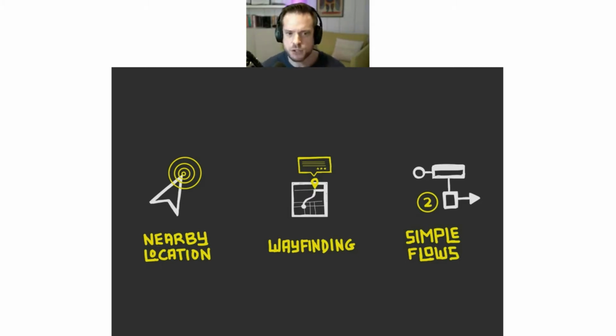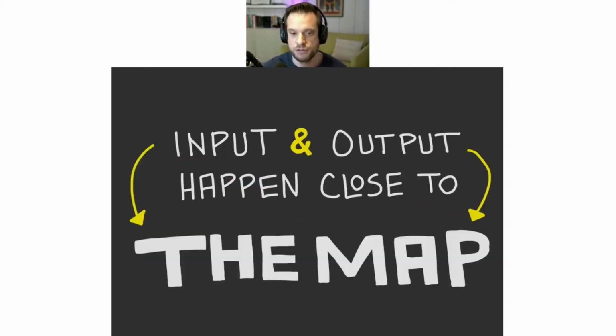If your app needs to do wayfinding, so if you need to get from point A to point B, or find things along that path, then the Google Maps pattern is also another great option. And finally, if your application has really simple user flows, and what I mean by this is you're a step or two away from the user being able to complete a task, then maybe this Google Maps pattern is the right direction.